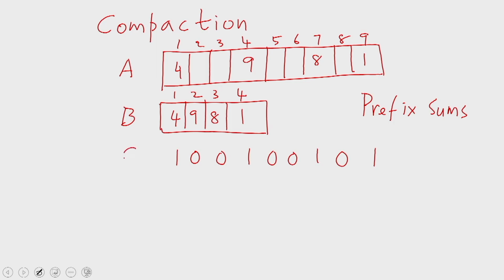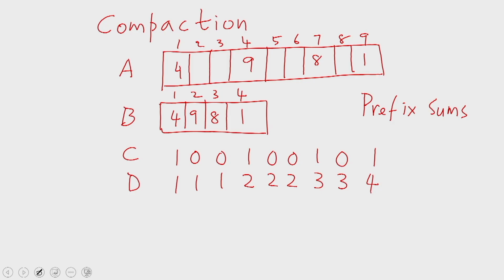So, this is array C. Array C indicates which positions have useful elements. And then we find the prefix sums of array C. The prefix sums would be D. D forms the prefix sums of array C.